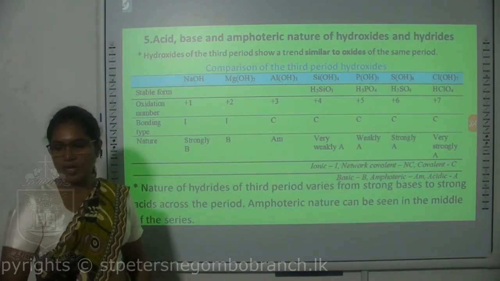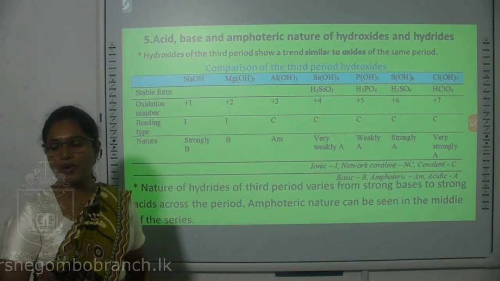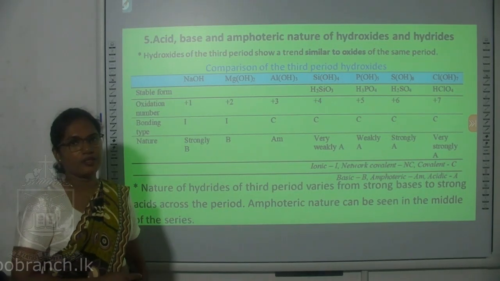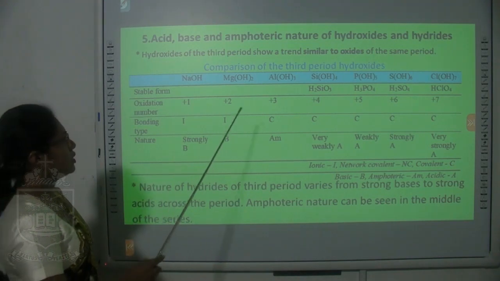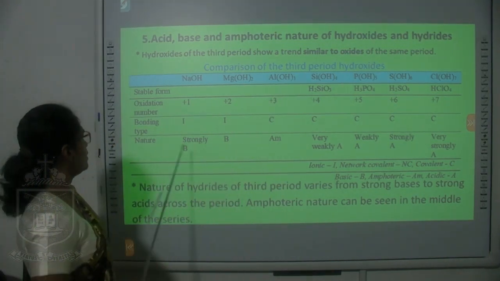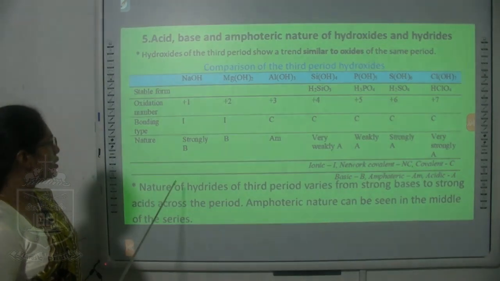Now we have to consider the acid, base and amphoteric nature of hydroxides and hydrides. This is the comparison of third period hydroxides. It is also the same as in the oxides.